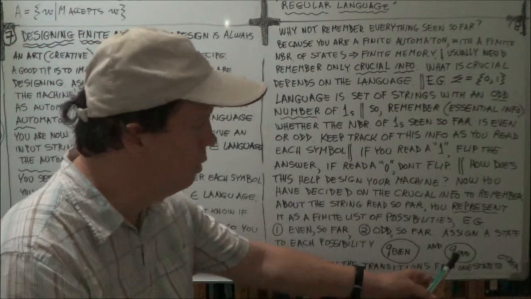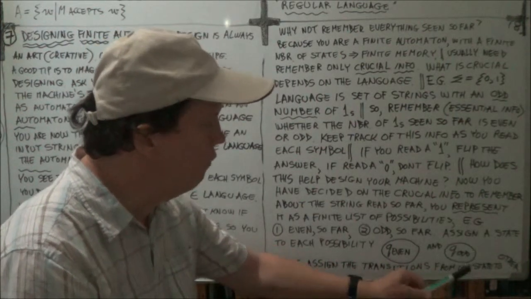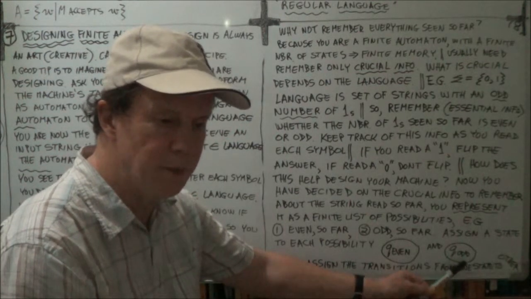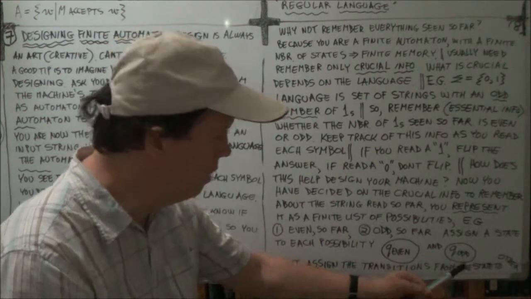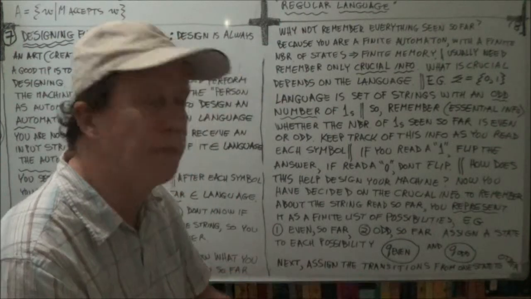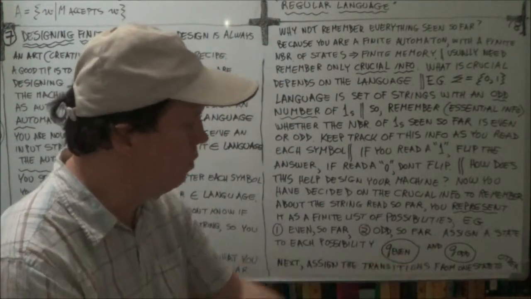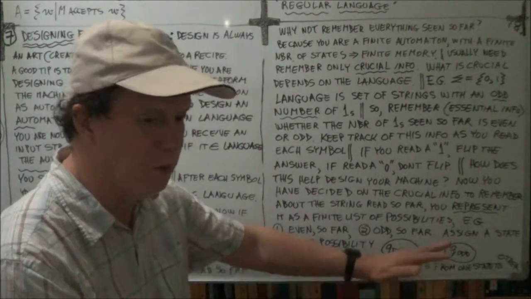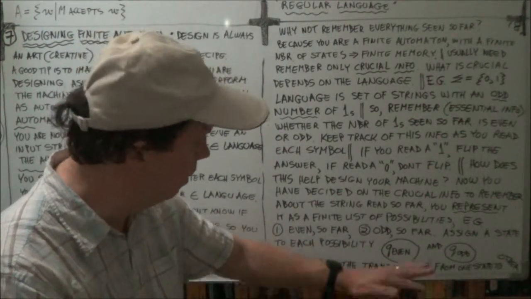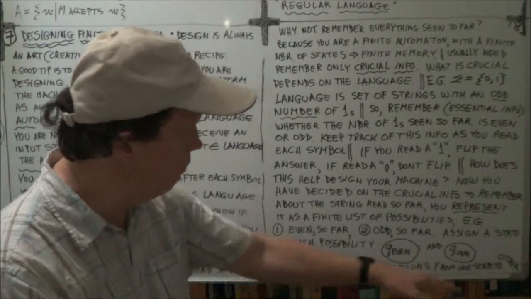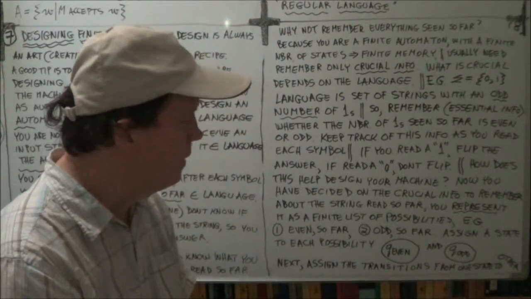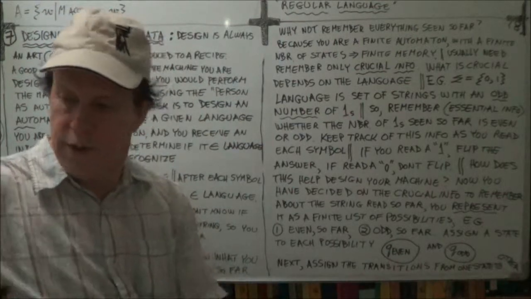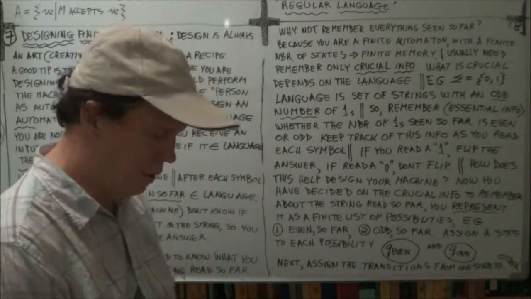So your transition rule would be something like, if Q odd, that's a state, and the input symbol is 1, then the next state will be Q even. Okay? So you've got your transition rules there. Now what I said verbally I'll write, because I've run out of board. I'll finish this off as an example of designing.